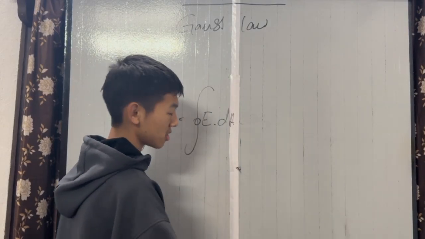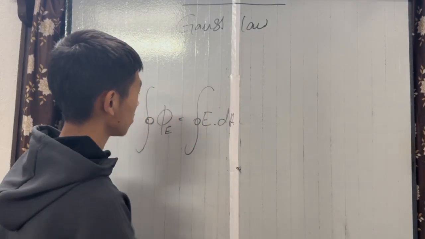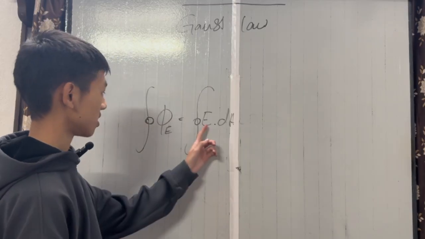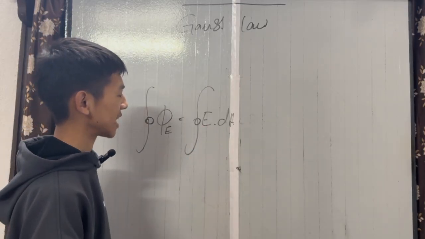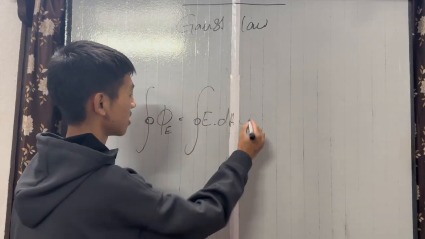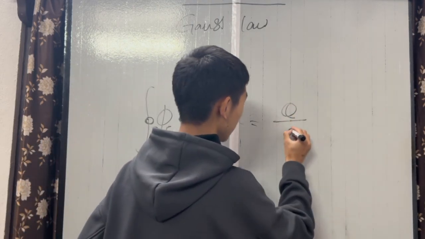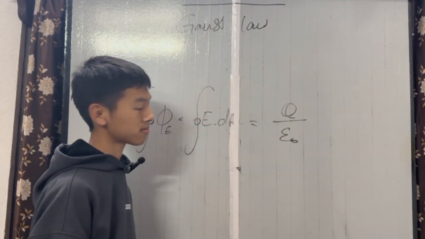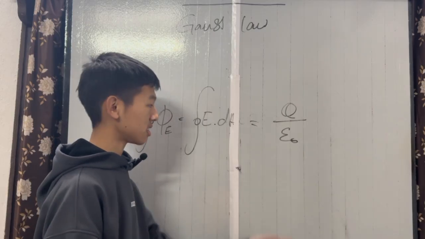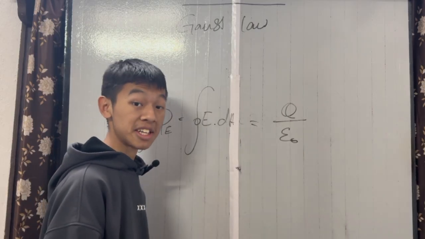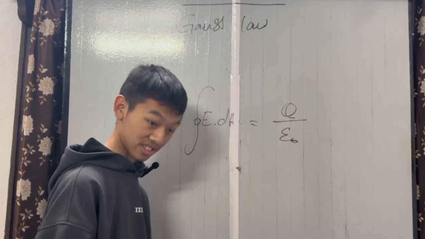What we do here is the E is constant, so we are left with E dot dA. The answer, you can write it as Q by epsilon naught. Q is the charge, epsilon naught is the permittivity of the medium the charge is passing through.